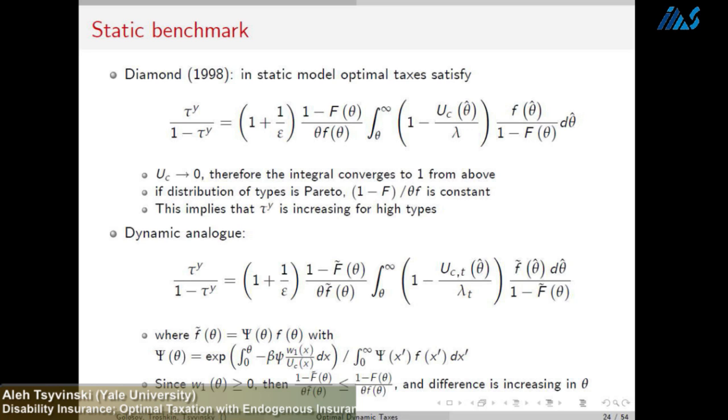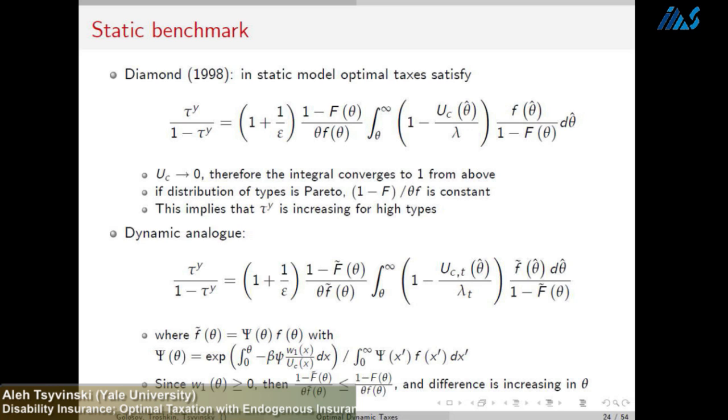The third part is the degree of the redistribution. How much a planner values people above some cutoff theta. Well, in this case, or if you want, you can look at the Rawlsian case as well, these people are not very valuable for the planner, these very high types. Their utility, the marginal utility of consumption is going to go to 0.